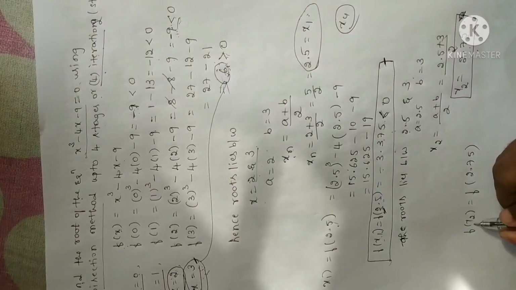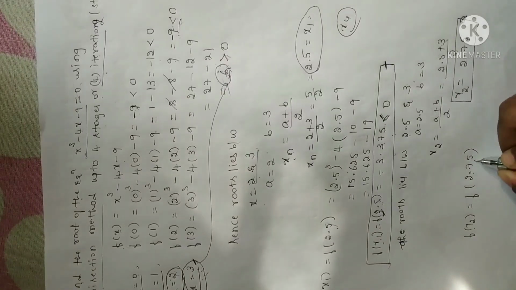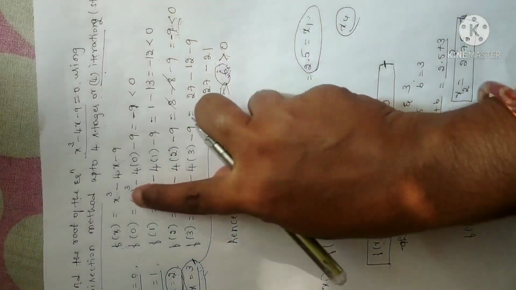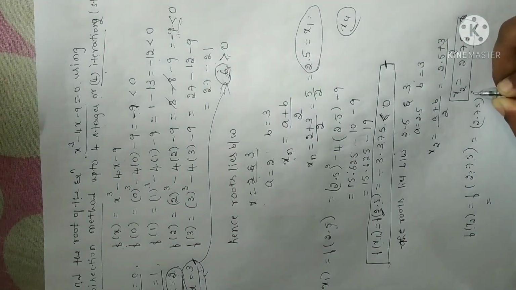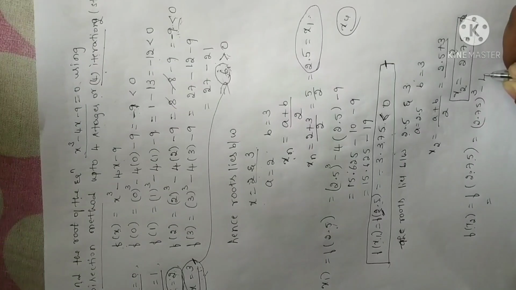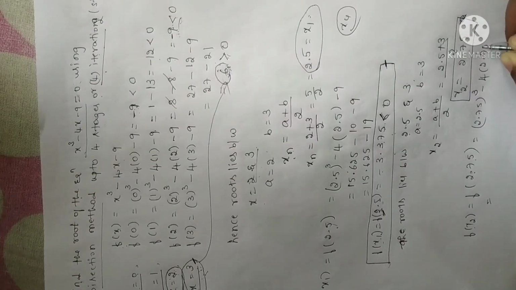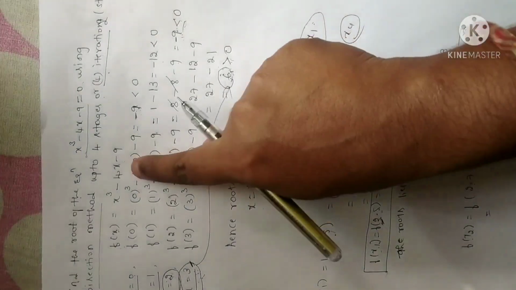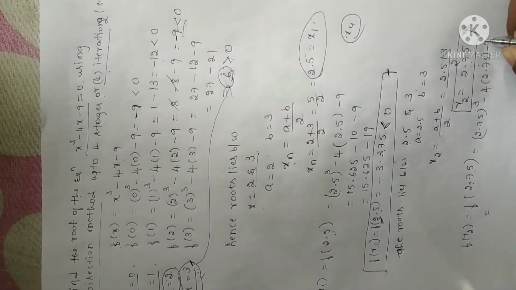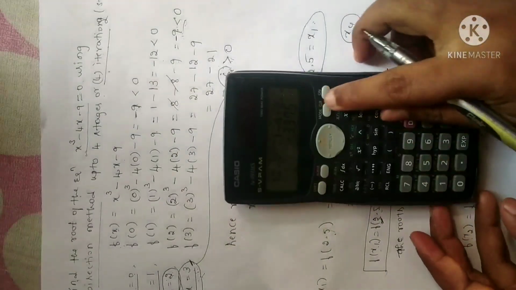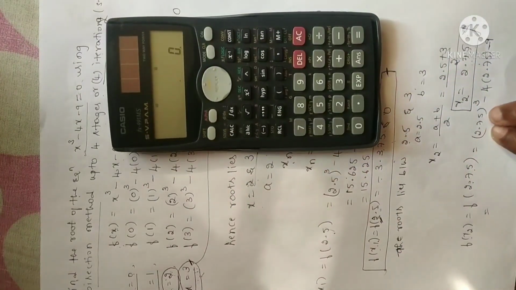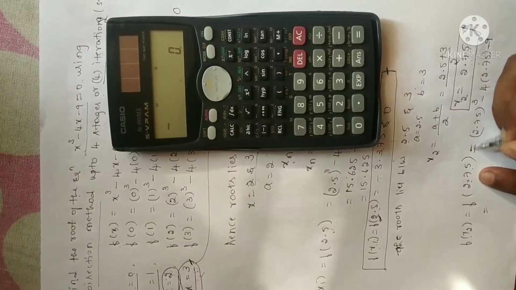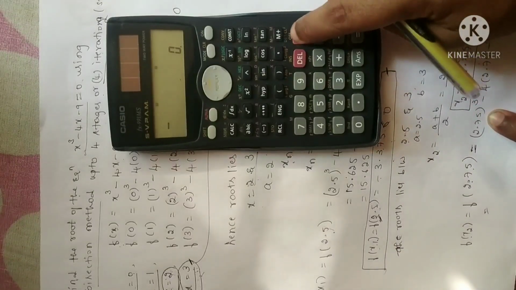Right? Now, wherever x is there, replace that with 2.75 in the given expression. So you will get 2.75 whole cube minus 4 into 2.75 minus 9. Fine. Now I'll use the calculator. See here, I have to calculate the f of 2.75 value.